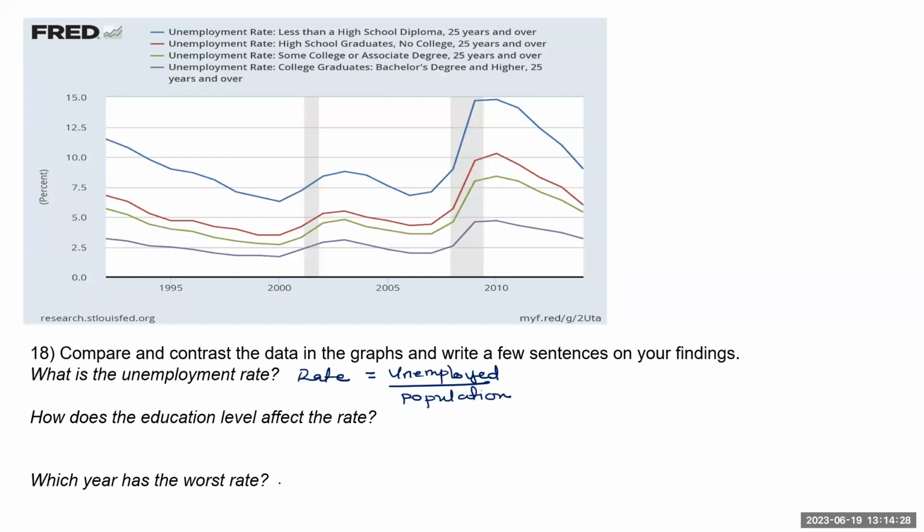Which year has the worst rate? By looking at the years, let's say 1995, 2000, 2005, and then 2010, we see that comparing all these years, 2010 appears to be the one with the worst rates across the board.